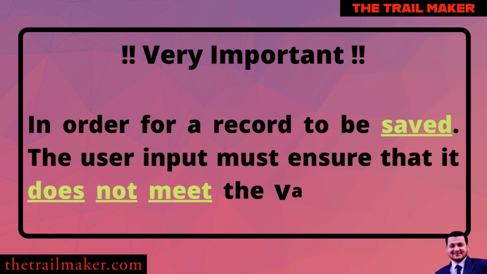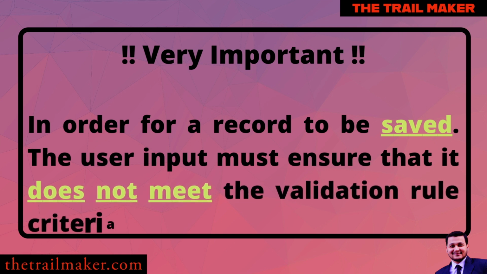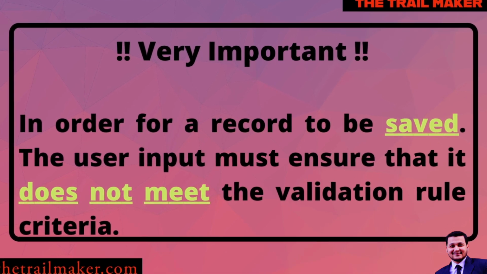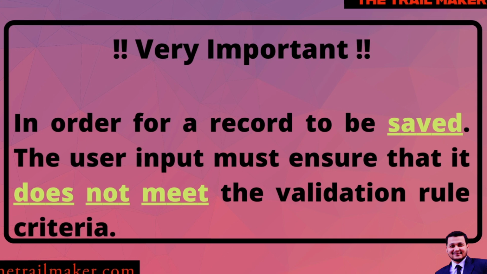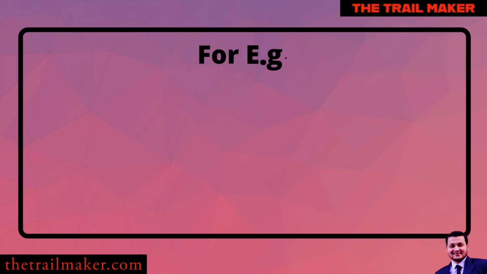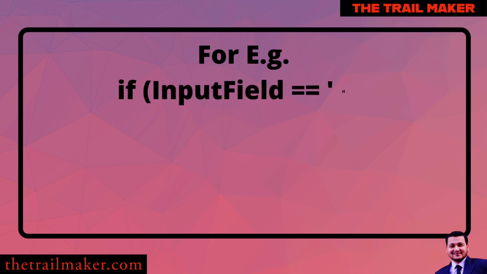If the criteria is met, your validation rule will fire and it will not let your record save. I repeat, if the criteria is met, your validation rule will not let you save the record.